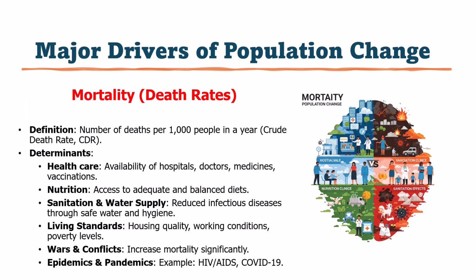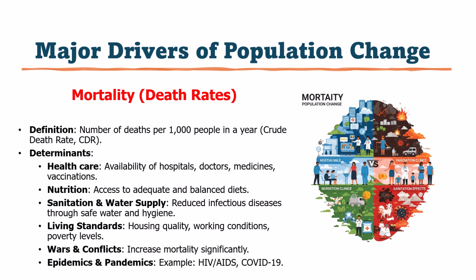Mortality is measured by the crude death rate, or the number of deaths per 1,000 people per year, and is a critical factor shaping population dynamics. Mortality levels are strongly influenced by access to healthcare, including hospitals, doctors, medicines, and vaccination programs. Adequate nutrition, safe water, and improved sanitation reduce deaths from infectious disease, while better housing and living conditions also enhance survival.